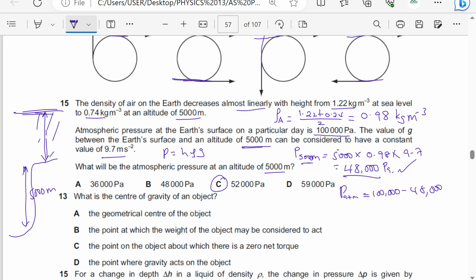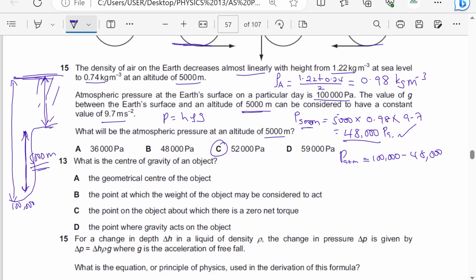So we first get the pressure due to this height of 5,000 meters, which is 48,000. The 100,000 pascals is the atmospheric pressure at the surface level. Then we subtract 48,000 from 100,000 to get the pressure at that height. So the answer is going to be C.